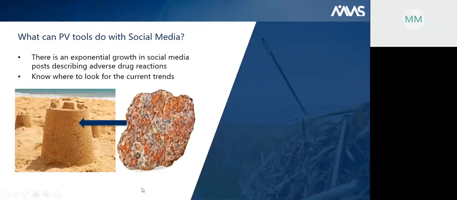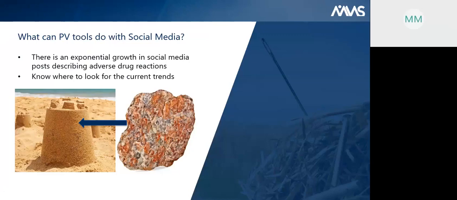In 2006, Hazell and Shakir analyzed 37 studies from 12 countries and concluded that 80 to 95% of adverse drug reactions were not reported to spontaneous reporting systems. Further literature review shows that nothing or not much has changed since then, regardless of decade-long tries to address underreporting to traditional systems.